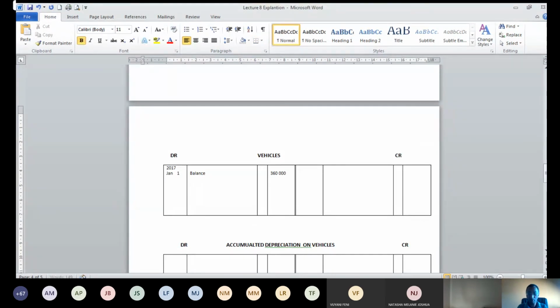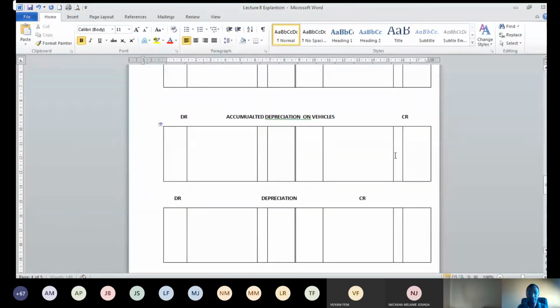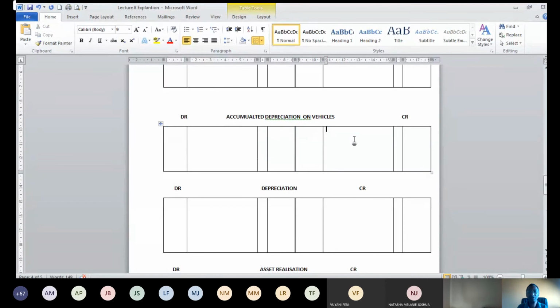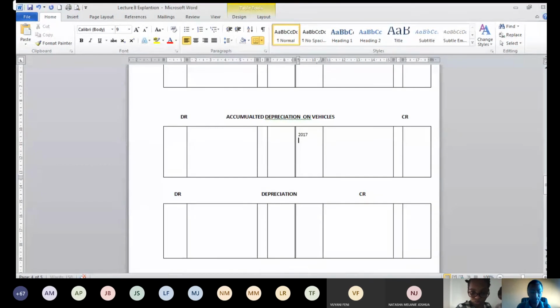We also know from our information that our accumulated depreciation account will have an opening credit balance. Guys, you've got the answer sheets; I've sent you that, so you will see there.